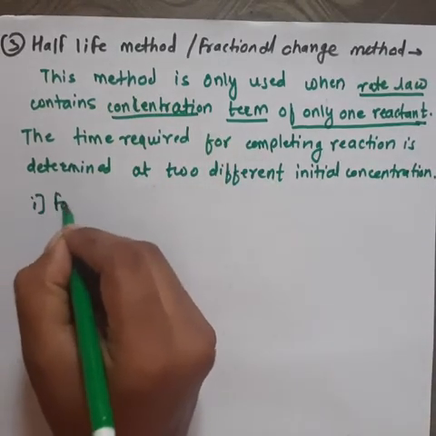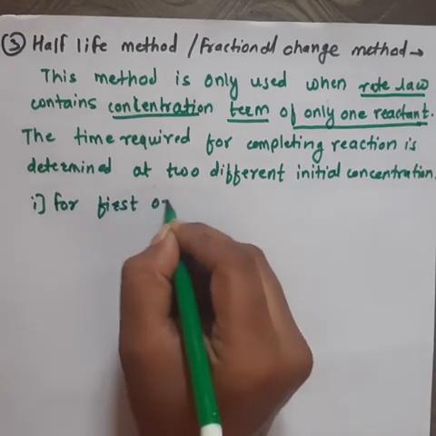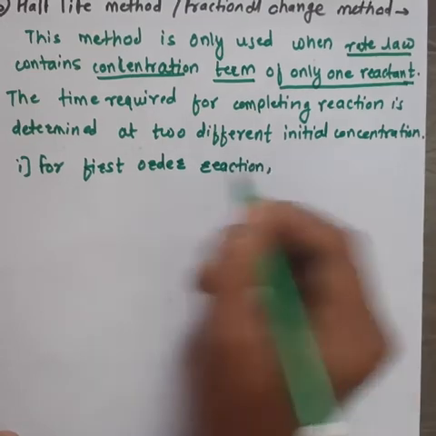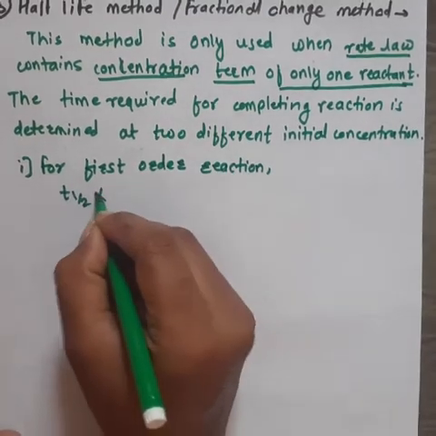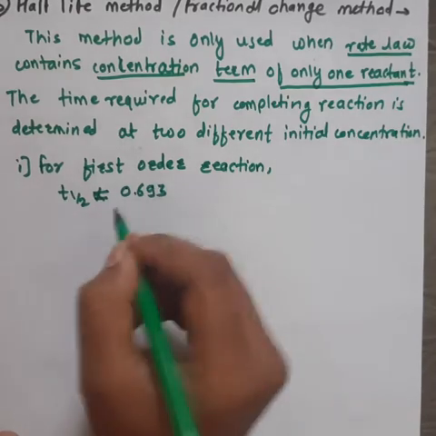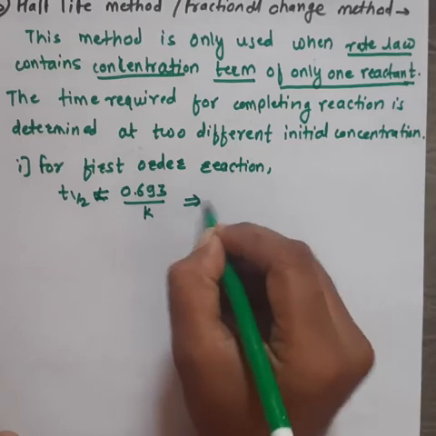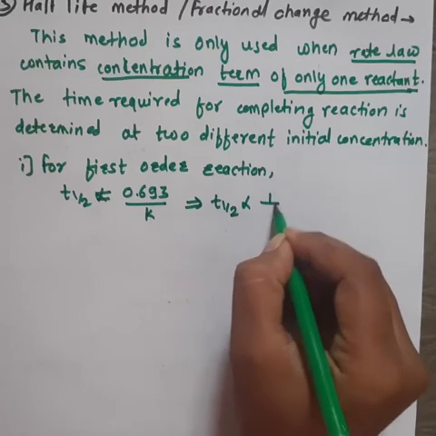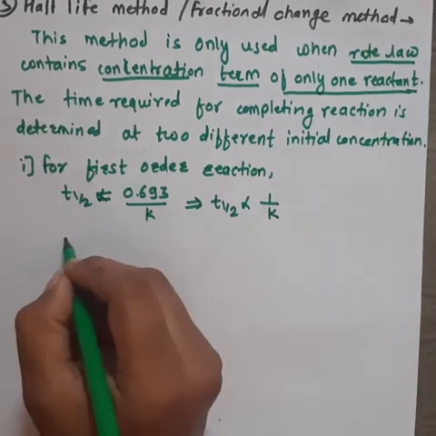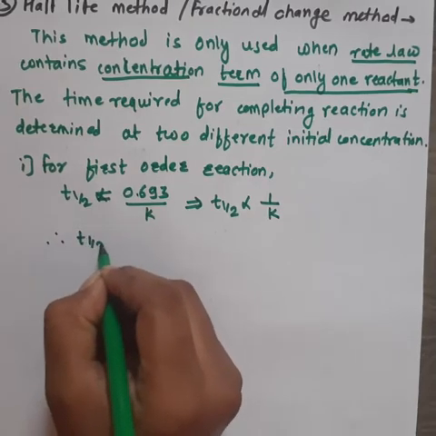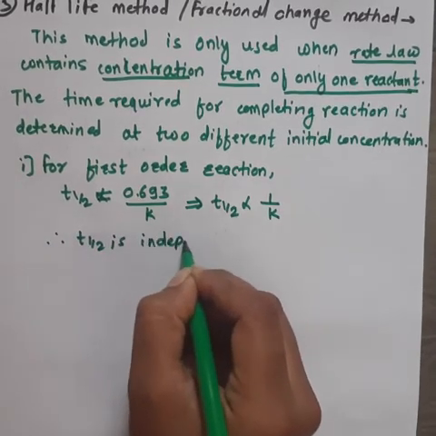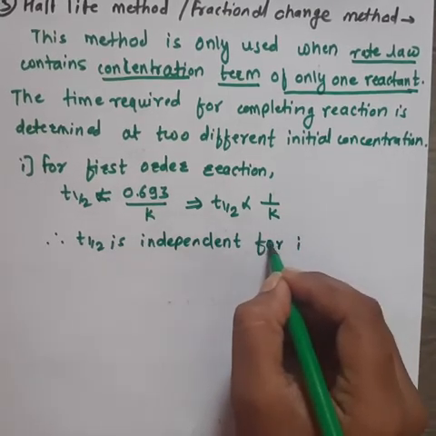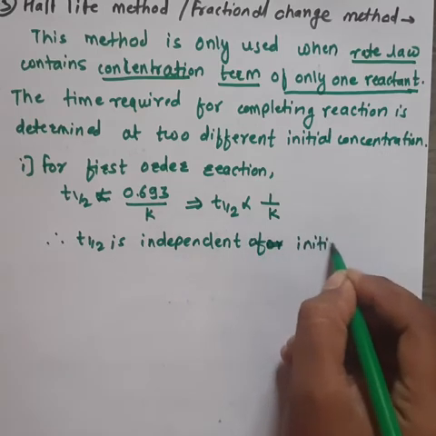So for a first order reaction, what was the equation for half-life? T half is equal to 0.693 upon K. Therefore, T half is proportional to 1 upon K, and we can say that T half is independent of initial concentration.